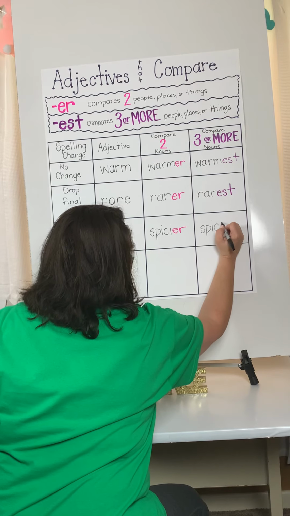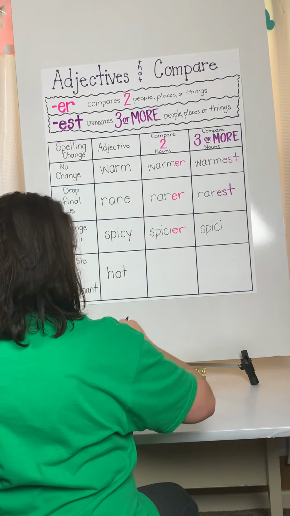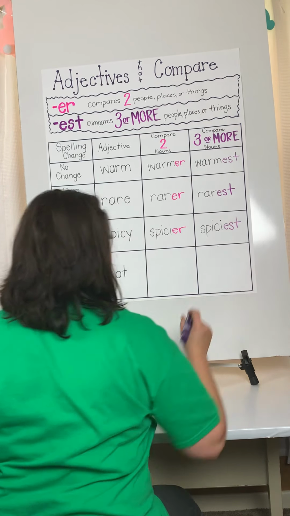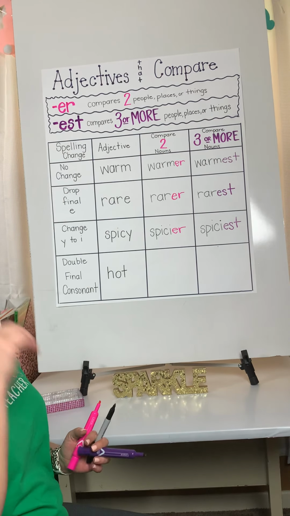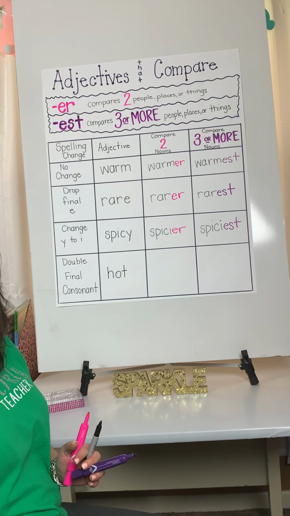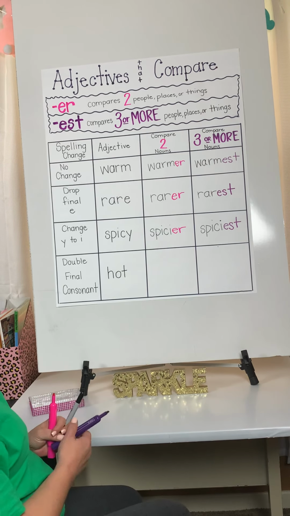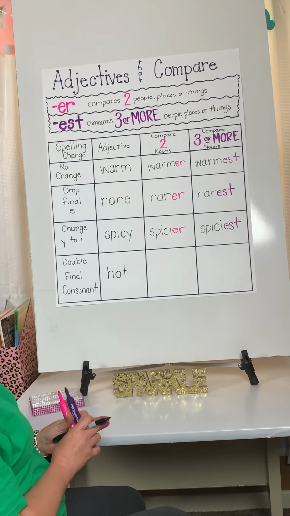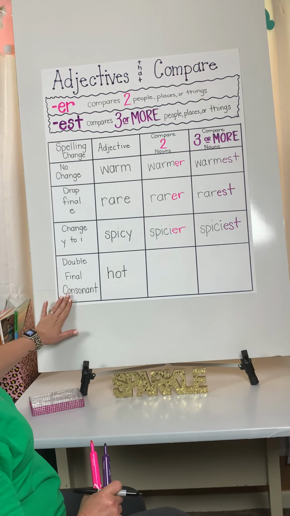You change the Y to an I, but now you will add EST. This is the spiciest taco I've ever had. The last spelling rule for adding ER and EST is when you double your final consonant.